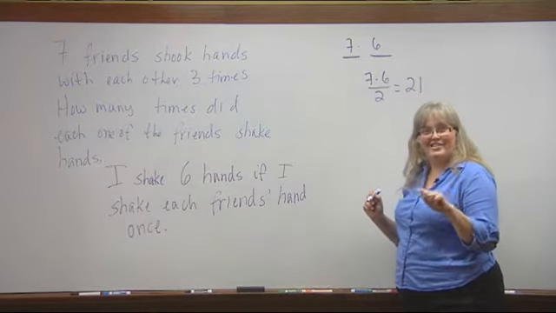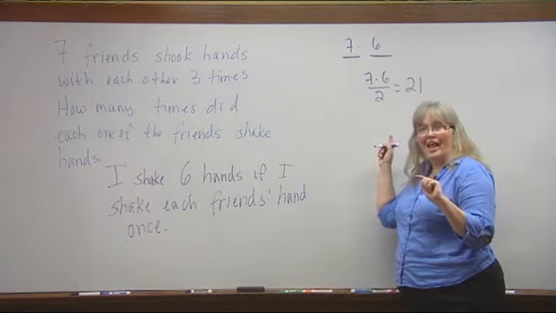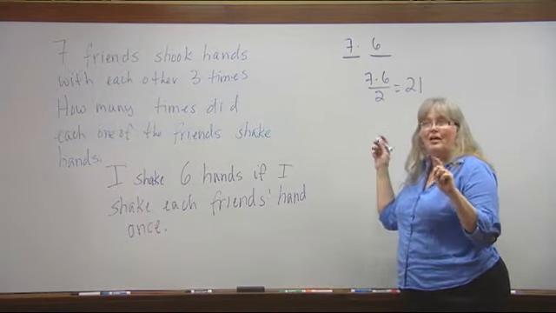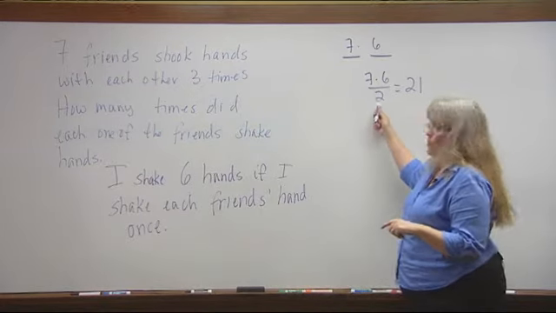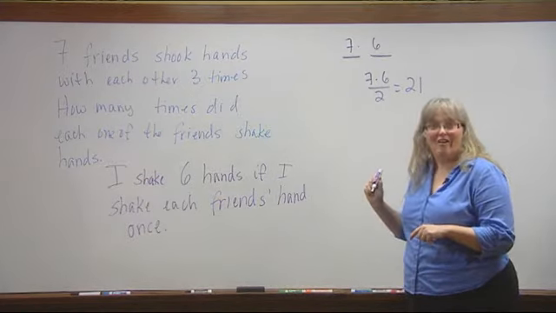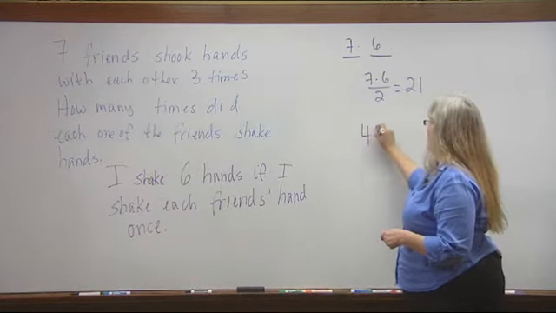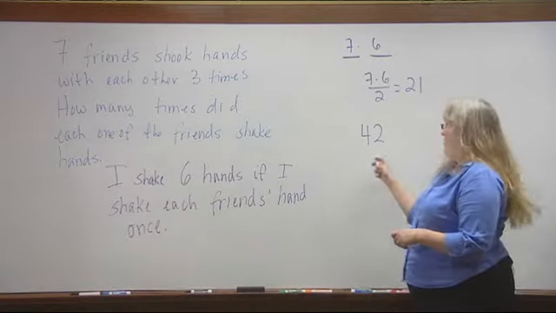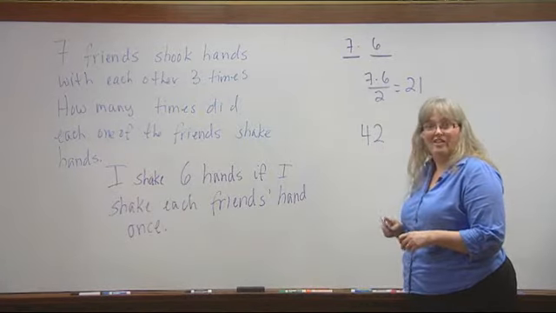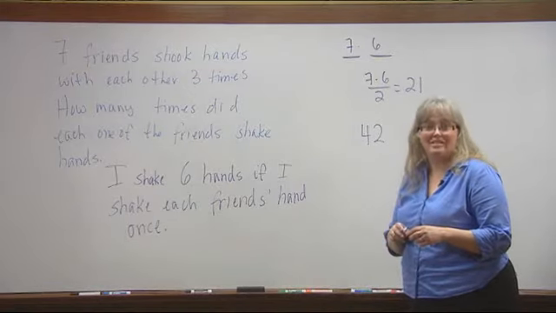But here's the subtle difference in this problem: we're not being asked about the total handshakes, but how many hands one person shook. So we actually don't want to be dividing by 2 here, because if we look at that from the perspective of everyone involved, 42 handshakes were taking place, because each of 7 people shook 6 hands.